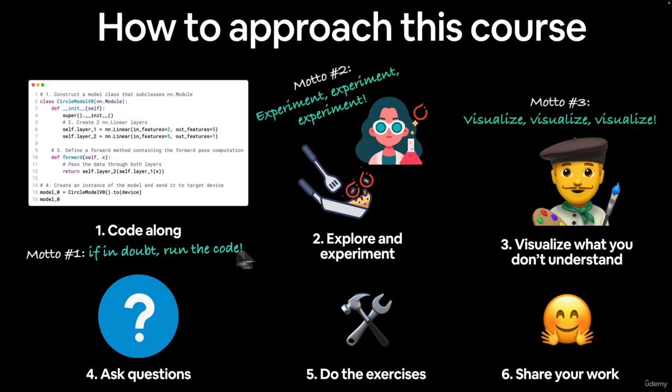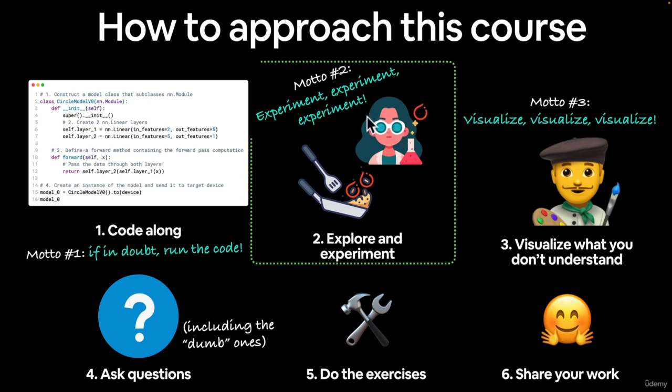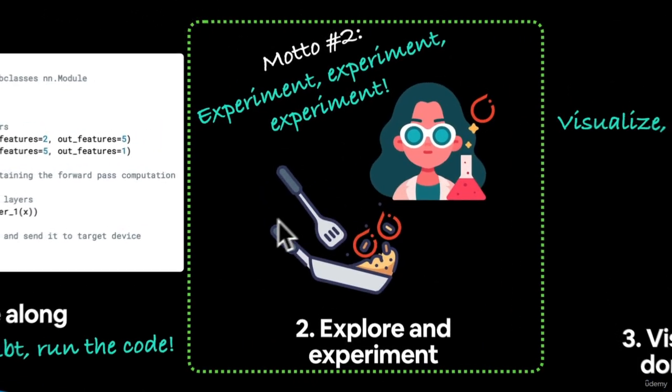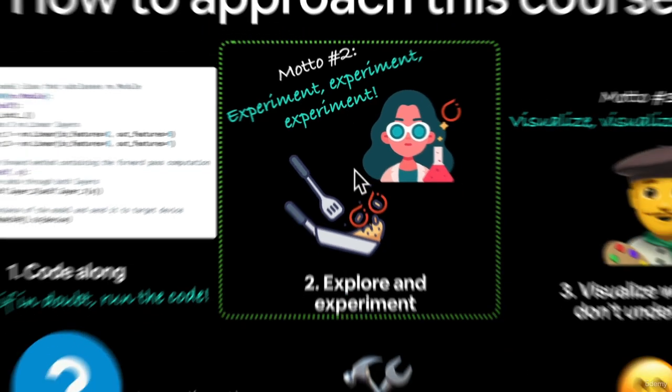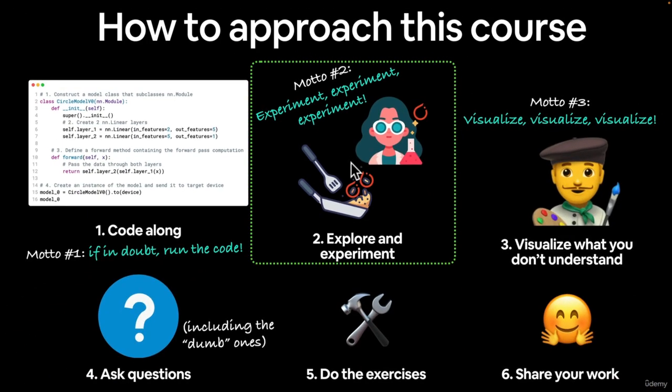If in doubt, run the code, experiment, experiment, experiment, visualize, visualize, visualize. And so what we're going to be covering in this section is we're going to be diving deep into the experiment, experiment, experiment motto, and we're going to be tracking our experiments, more specifically, our modeling experiments with Food Vision Mini. So put on your scientist coat, let's get started.